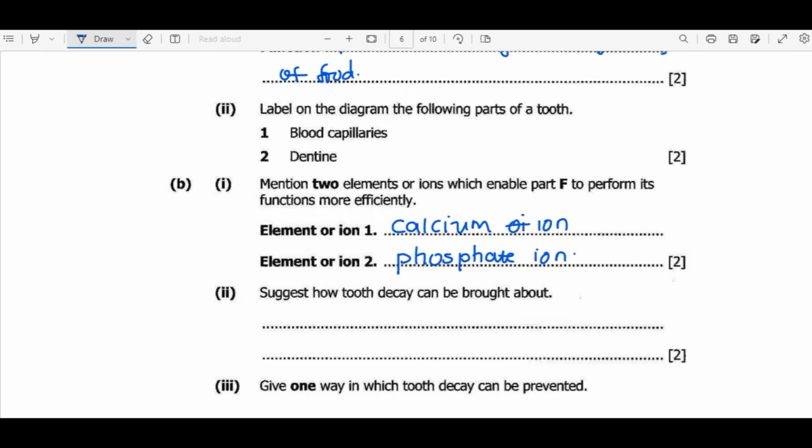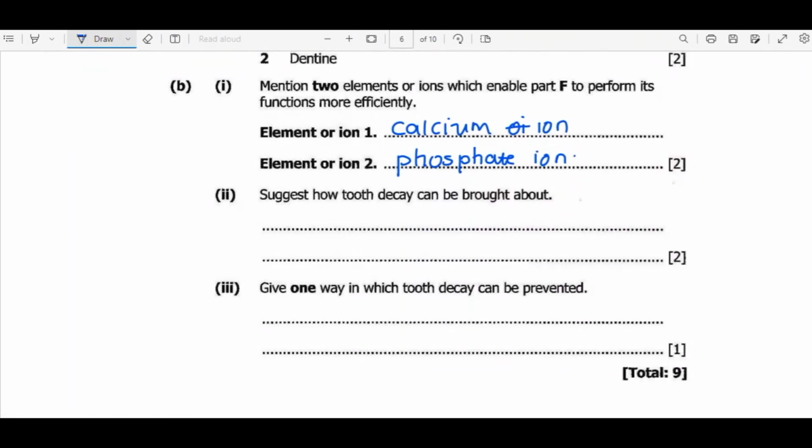Then suggest how tooth decay can be brought about. So we'll say by the remains of sugar from the meal.